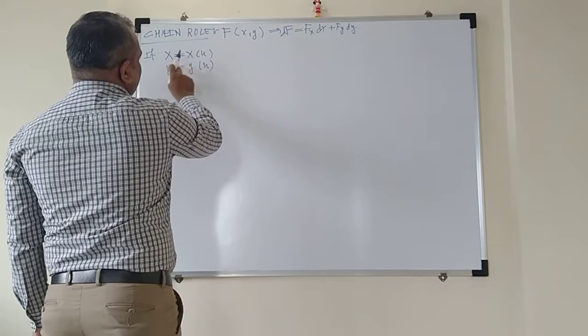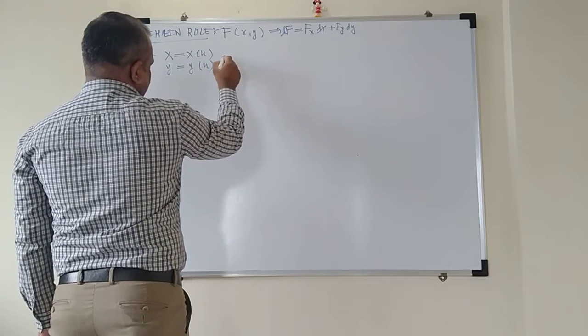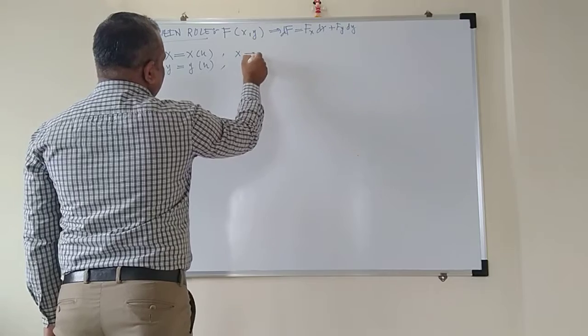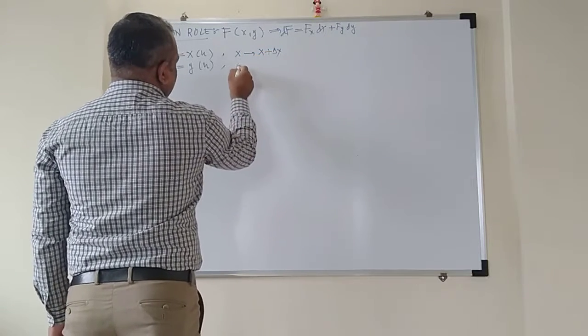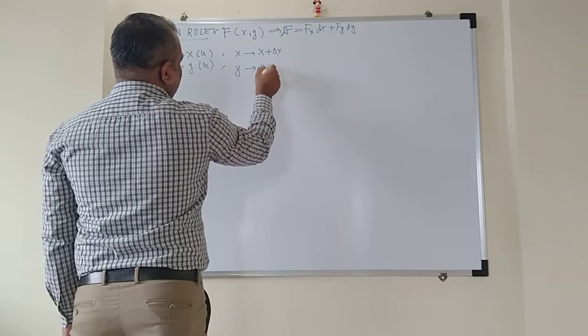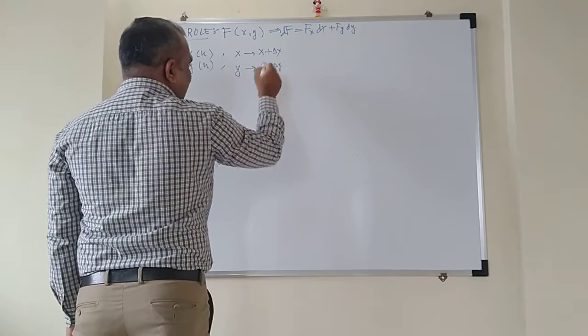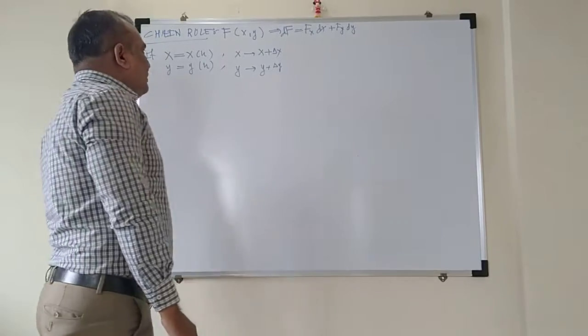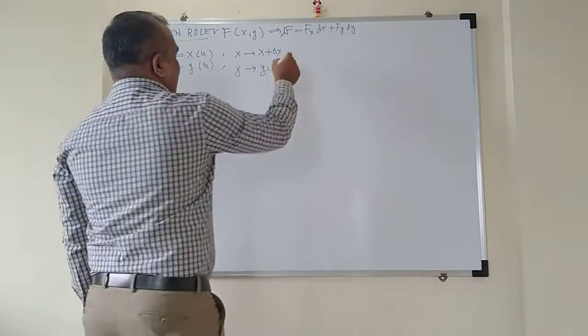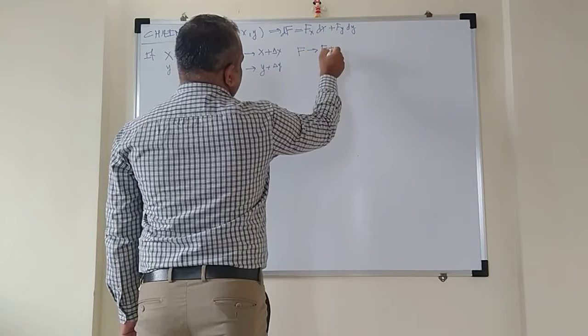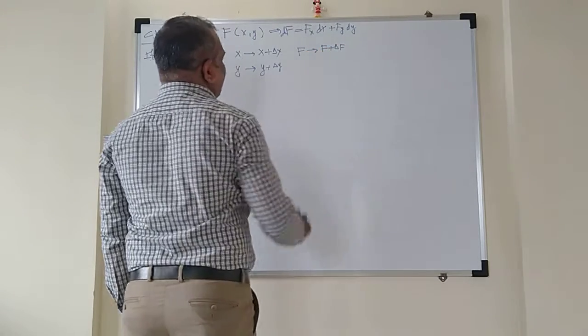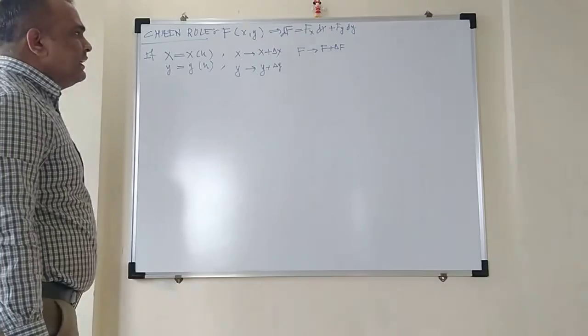Now, if x is a function of u and y is a function of u, and x changes to x plus delta x and y changes to y plus delta y, then there will be a change in the original function f. Then f also changes to f plus delta f, isn't it?